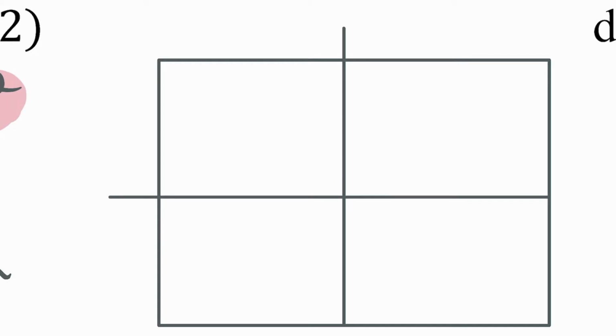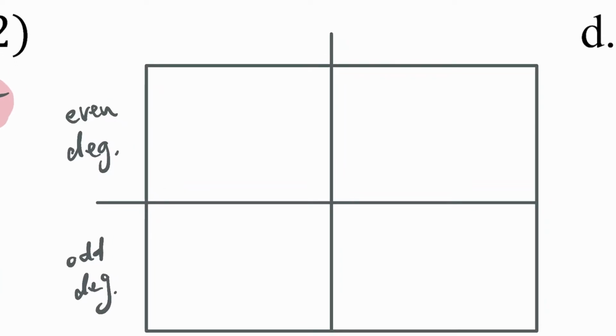So if we have our even degree versus odd degree, and then we have positive leading coefficient versus negative leading coefficient.